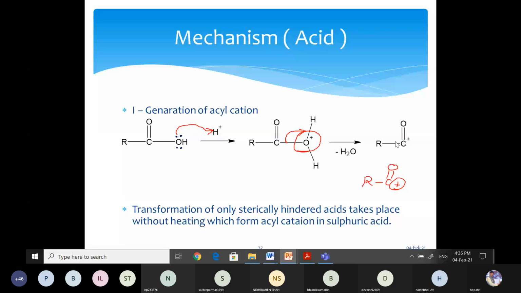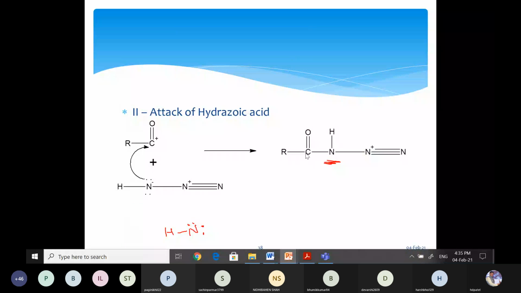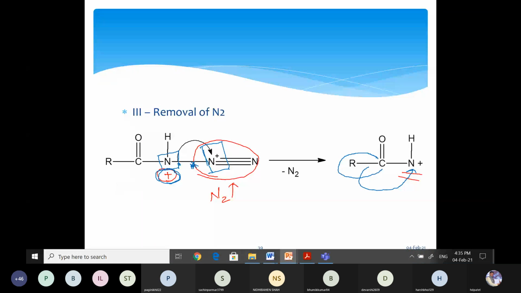Why? Because nitrogen has a positive charge, so it pulls electrons from the neighboring nitrogen. This nitrogen gives electrons, so it gains positive charge. Finally we get this structure, RCONH plus.